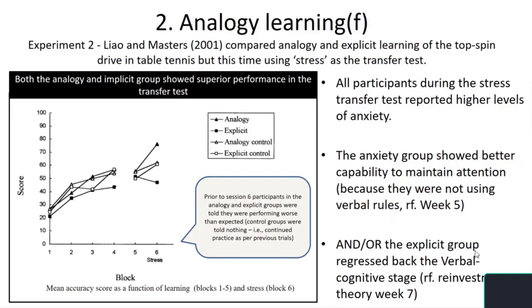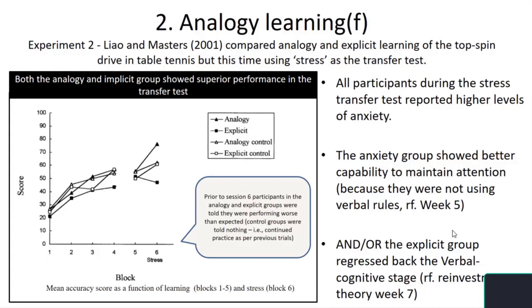And the other alternative option is that the explicit group regressed back to a verbal cognitive stage, and that's why their performance deteriorated. This idea would require that the explicit group did indeed progress from an explicit to a more implicit way of controlling their skill, and then under the stressful condition they reverted back to controlling their skill using verbalizable rules.